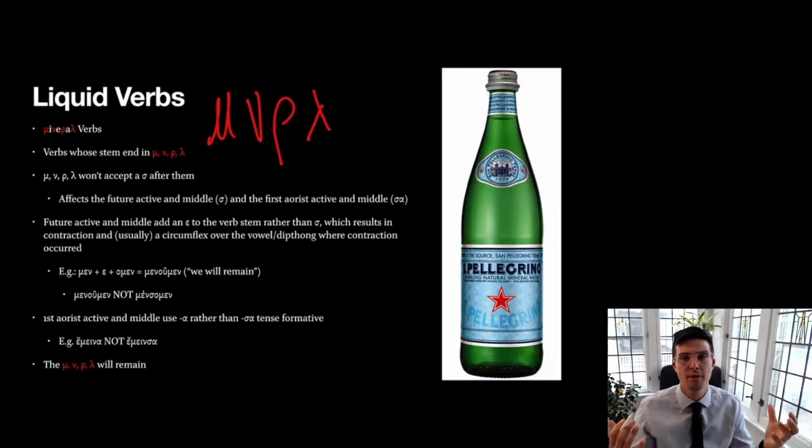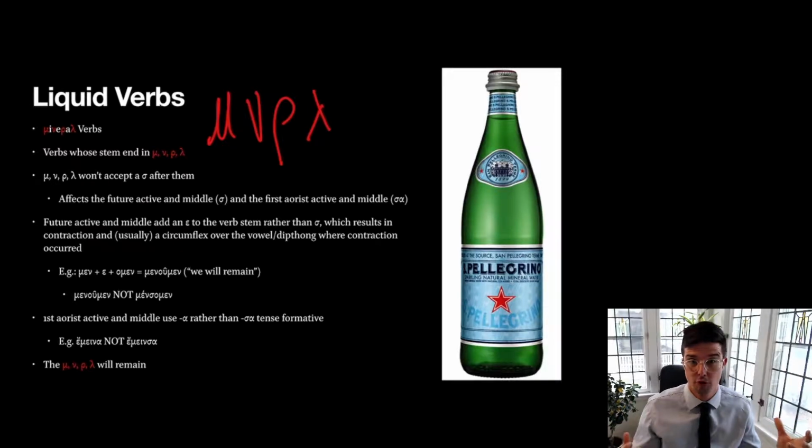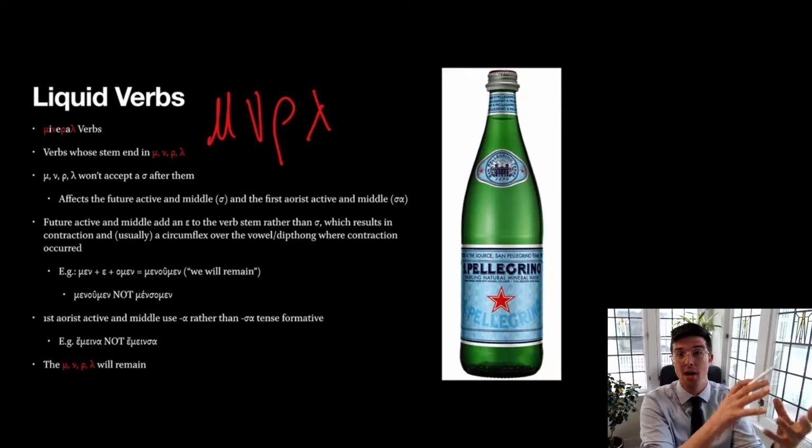And the most important thing to note for your recognition of these mineral verbs or liquid verbs is that in both the future and the first aorist, the mu, the nu, the rho, or the lambda is going to remain. It's going to be there as part of the verbal stem.